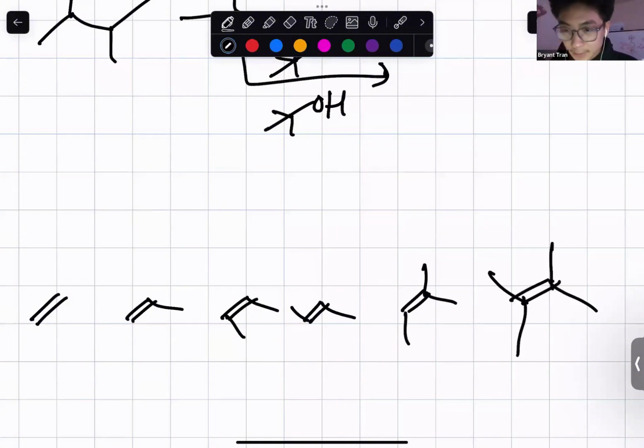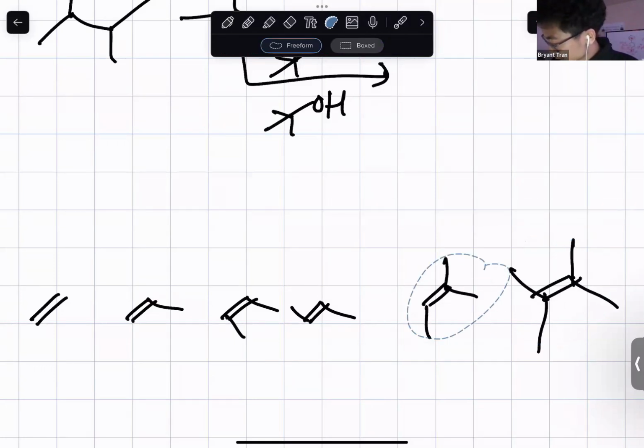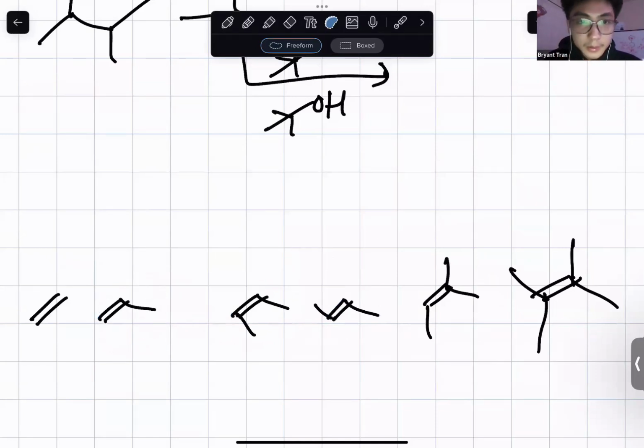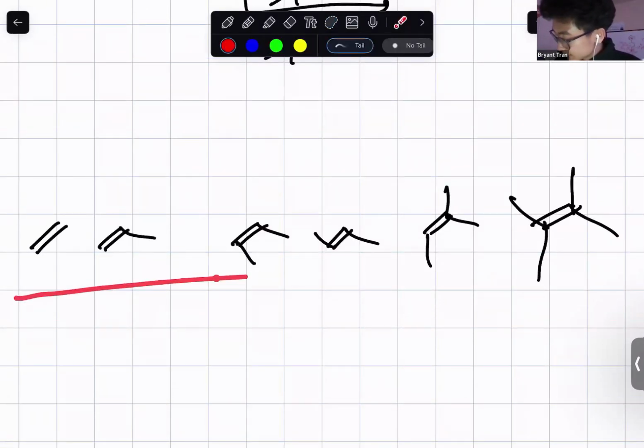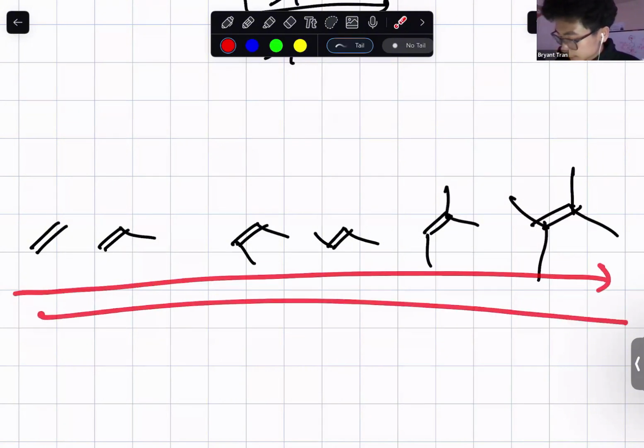What makes an alkene more stable? What factor? Right. If I gave you this list here, would stability increase from left to right, or would it increase from right to left?